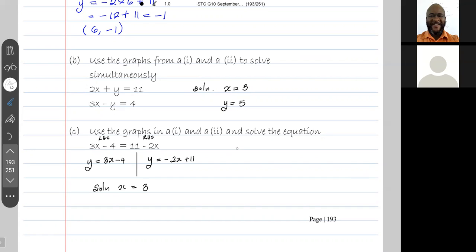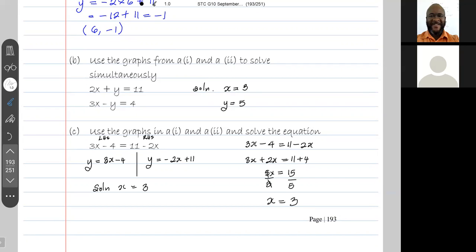And if I wanted to, I could use calculation to show that x really is equal to 3. This is 3x plus 2x is equal to 11 plus 4. 5x is equal to 15. Divide both sides by 5. Using calculation, x is equal to 3.